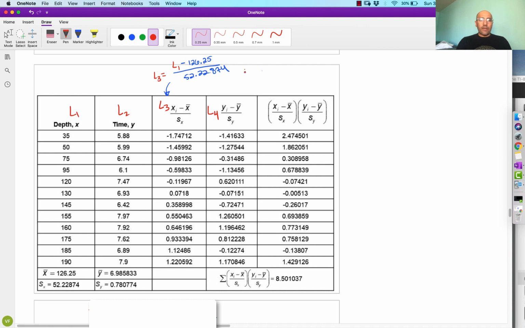So the little equation I'm going to want is that list 4 is going to be equal to list number 2 minus its mean, 6.985833, divided by its standard deviation, which is 0.780774, and that's the little equation that goes right in here, column operations, so we can generate this whole list right here.